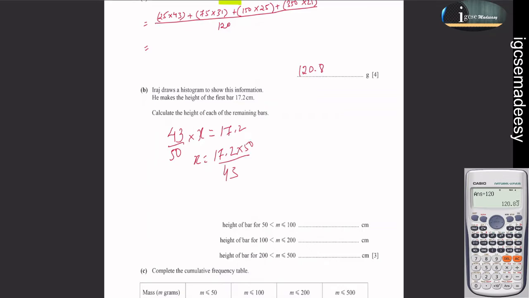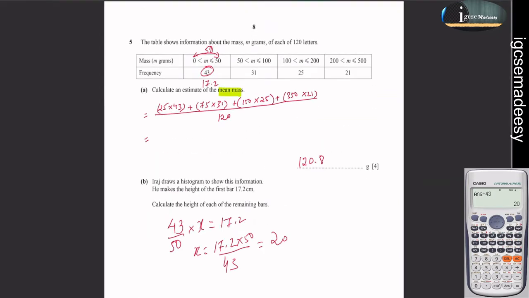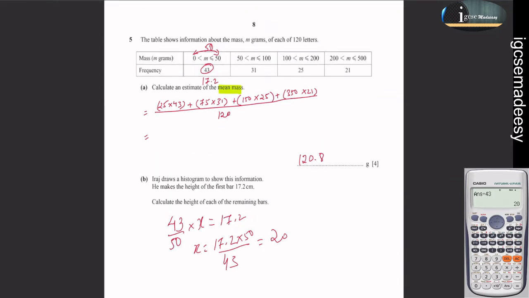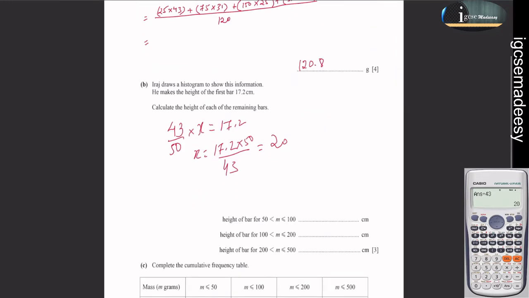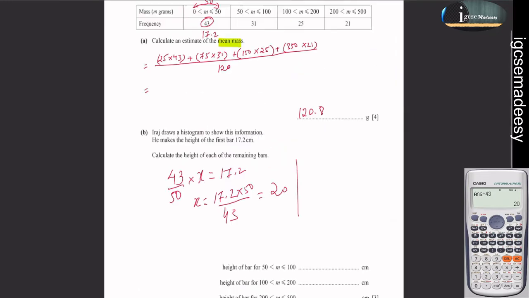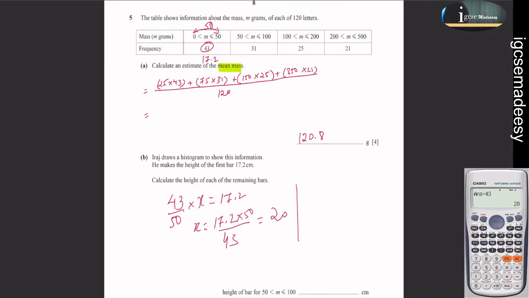Let's calculate this using a calculator. It gives you the answer 20. So he is multiplying the frequency over the class width by 20 to get each bar height. We will do the same thing for the rest.